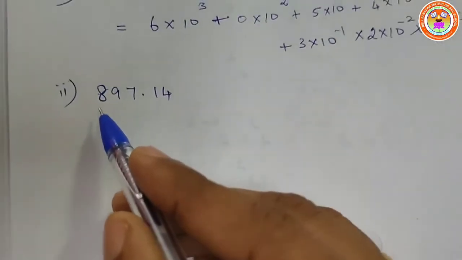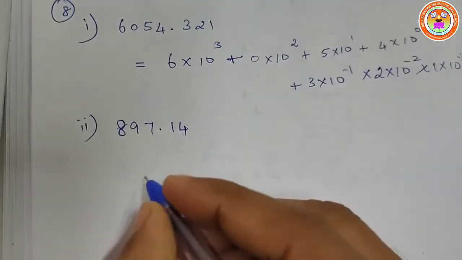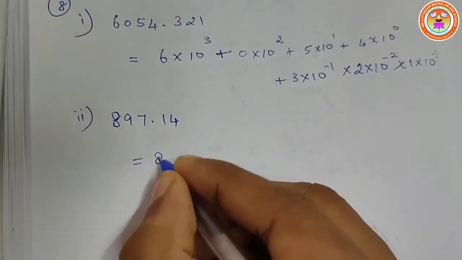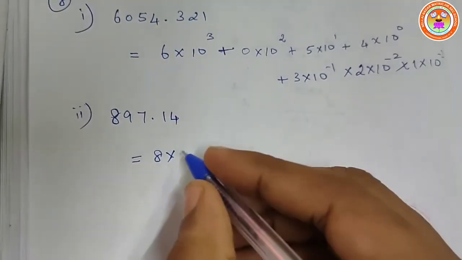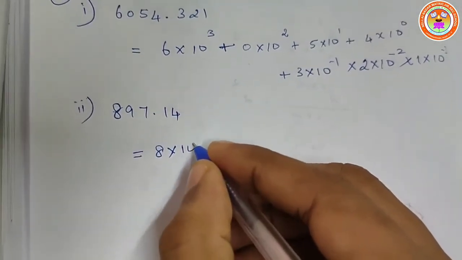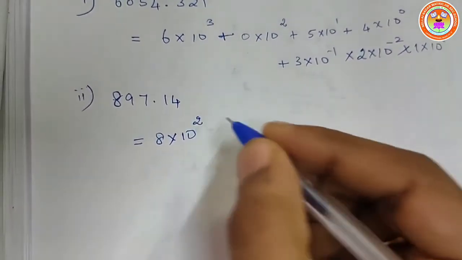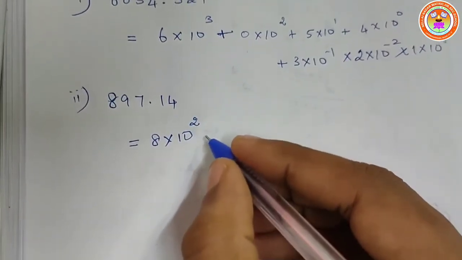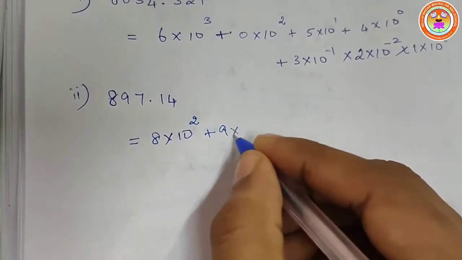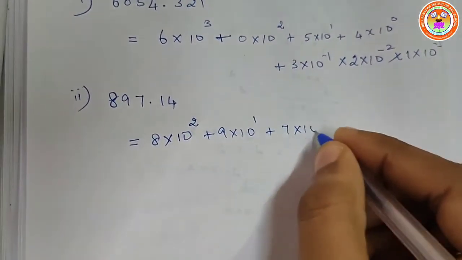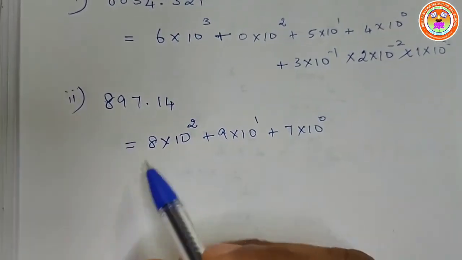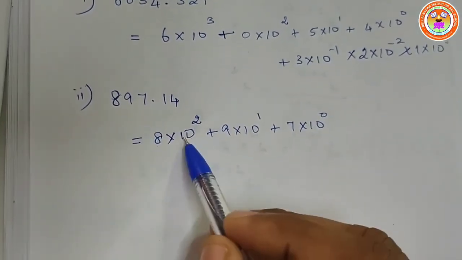So here, 897.14 is equal to 8 in the 100th place, so you write 10 power 2, plus 9 into 10 power 1, plus 7 into 10 power 0. Look at here, this is the 100th place, so 10 power 2.